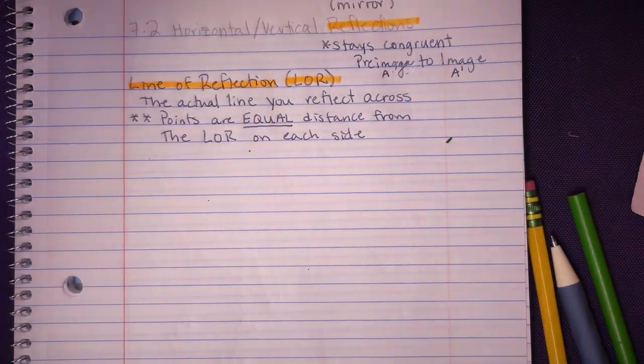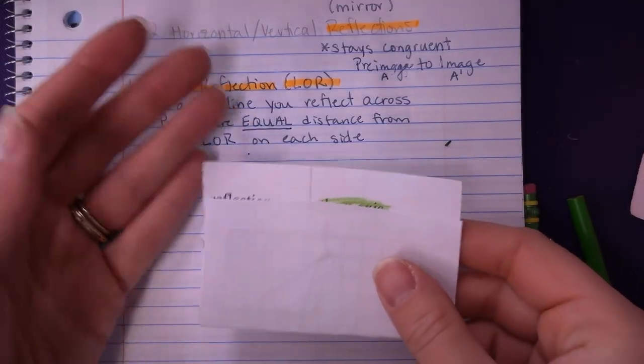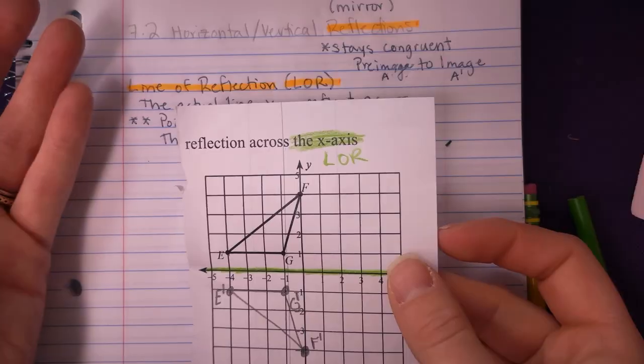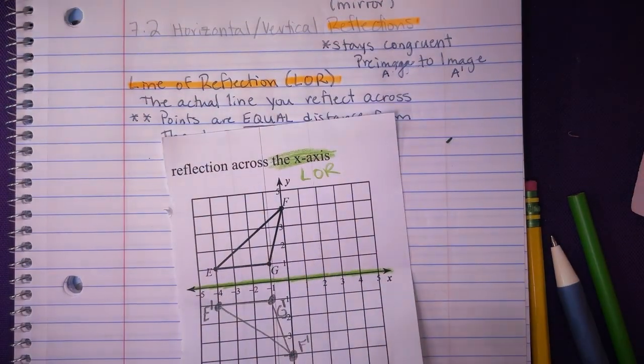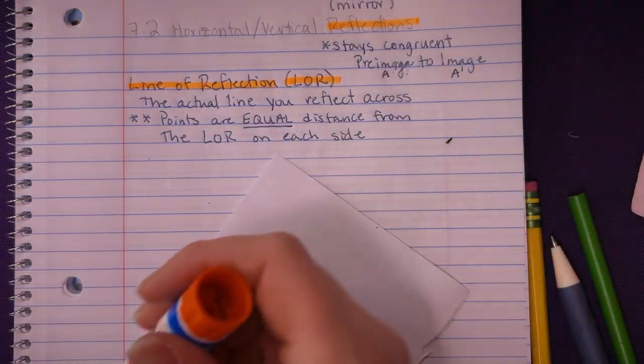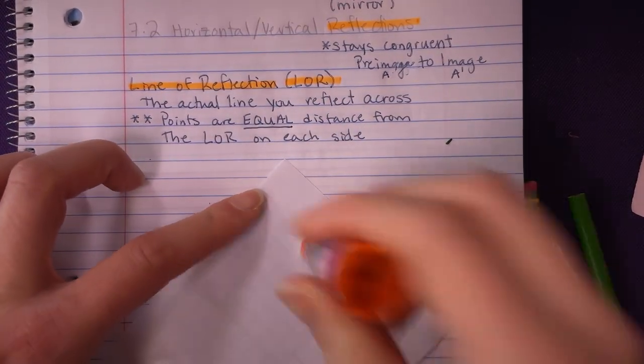When you look in the light, it looks like there's just one thing there. If you want to check it out, that's a good way of checking to make sure you reflected correctly. The main thing is making sure you find your line of reflection, but that is a good way to check your work. Again, it all depends on if you draw your line of reflection properly.